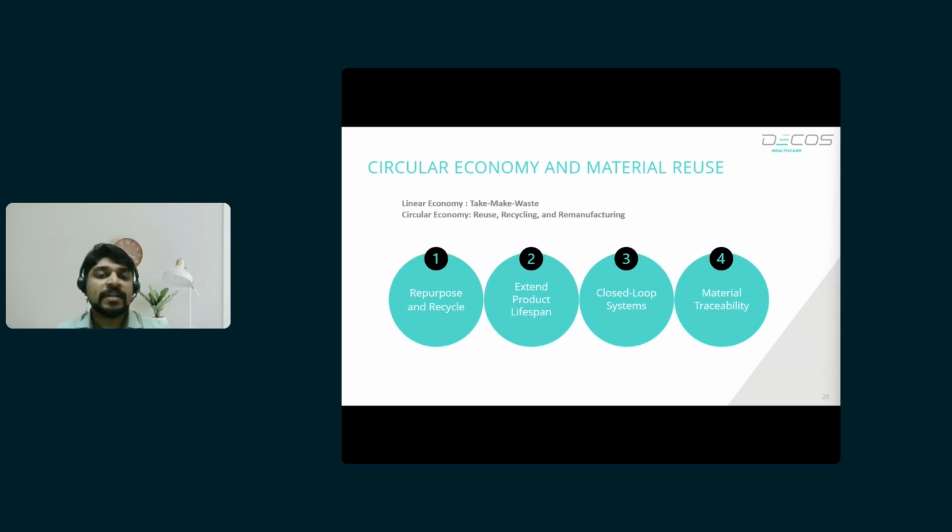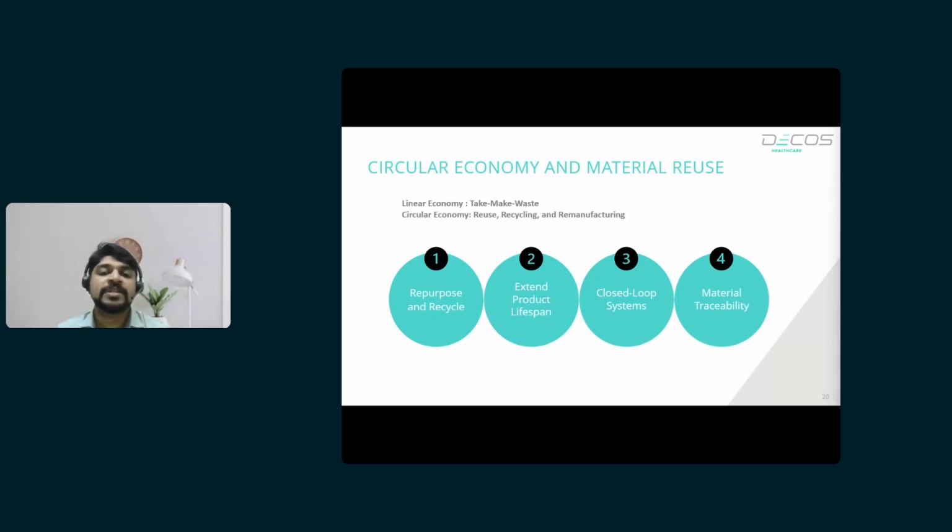There are some key strategies for material reuse. The first one is repurpose and recycle. This involves collecting and processing used materials into a new product. For example, plastic bottles might be recycled into new packaging materials or textile materials.